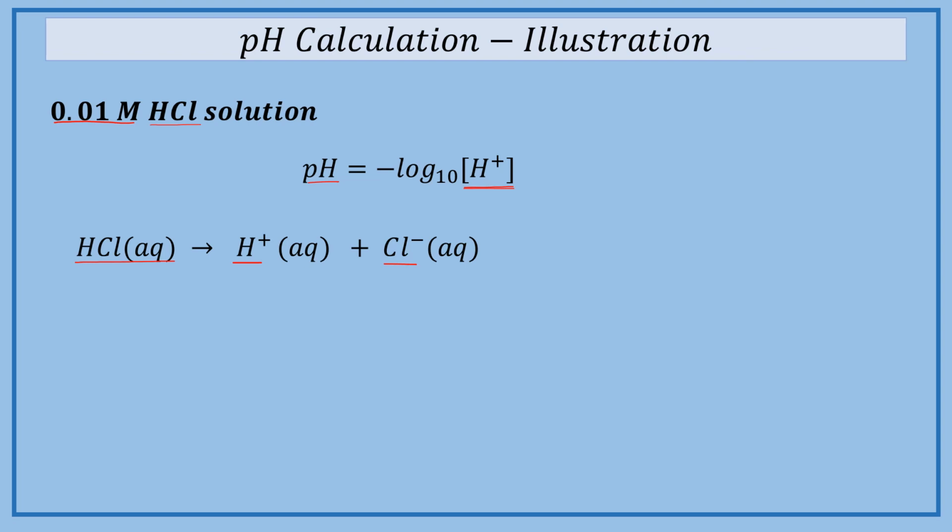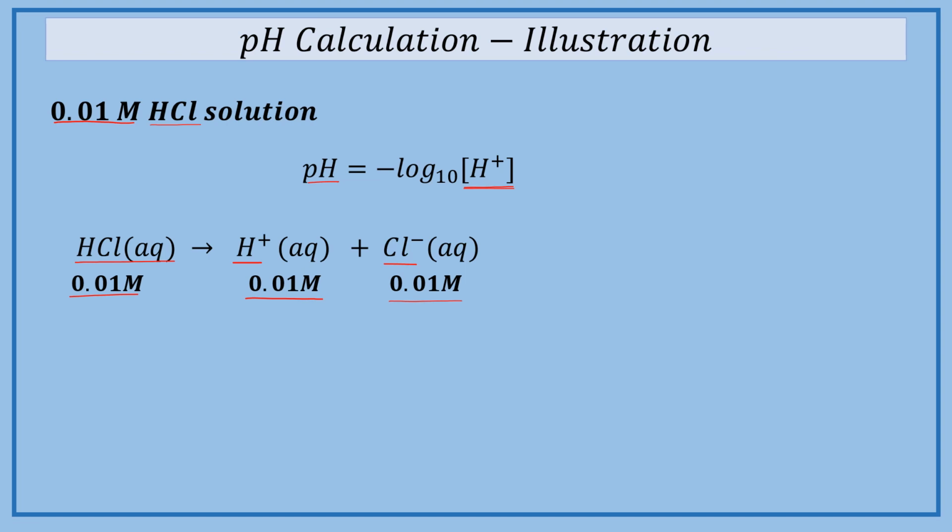So here we have taken 0.01 molar of HCl. So the entire amount, that is 0.01 molar HCl, will break into 0.01 molar H plus and 0.01 molar Cl minus.